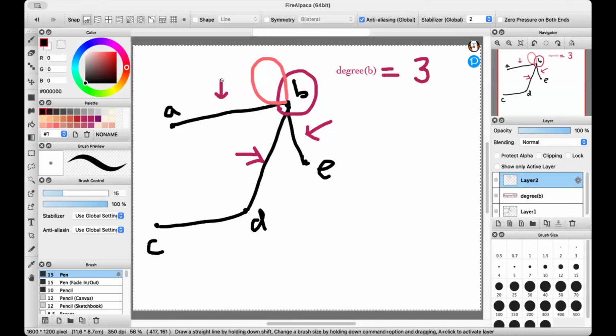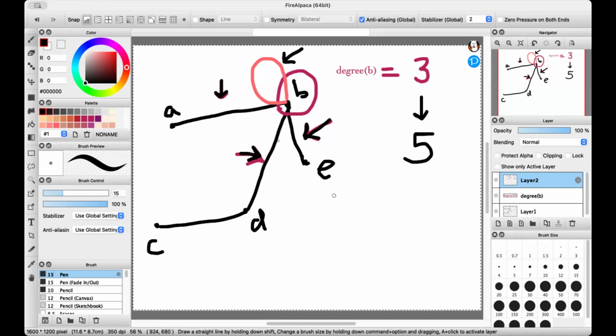So this is an edge that's incident with B, this is an edge incident with B, and this is an edge incident with B. This is also an edge incident with B, but it counts as 2 edges. So if I add a loop to B, the degree would become 5. That makes sense so far?